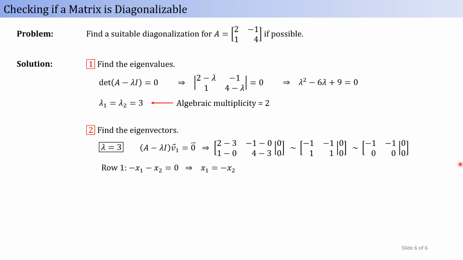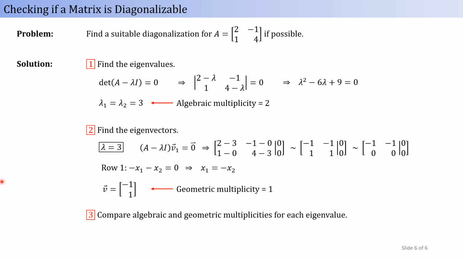And basically that first row is telling us that x1 is the negative of x2. So we could choose an eigenvector like this, (-1, 1). Well, what's the problem? The problem is the geometric multiplicity is only 1, meaning for that eigenvalue, we only got one linearly independent eigenvector.